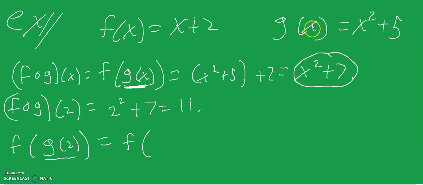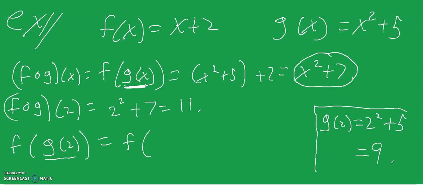And g of 2, let's go off to the side right here. g of 2 is equal to 2 squared plus 5, and that's equal to 9. So now for g of 2, I replace that with a 9, and now I do f of 9. And f says that I replace x with 9, add 2 to it, and I get 11. And I get the same result.